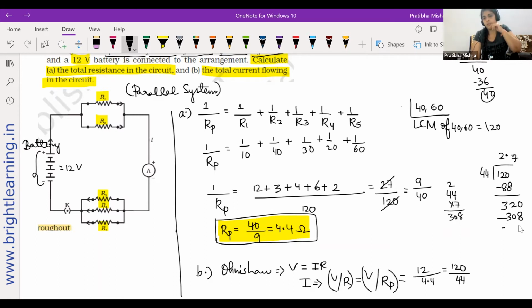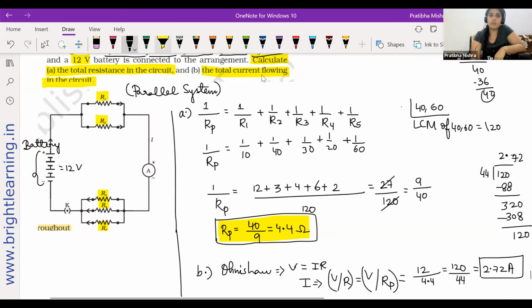Okay, no problem. Then 12 will be your remaining answer here. Then if you want, you can just do it again. So it will be 2.72, something like this. Okay, is it correct? Check it out. I'm also going to verify this. Okay, ampere. Done.